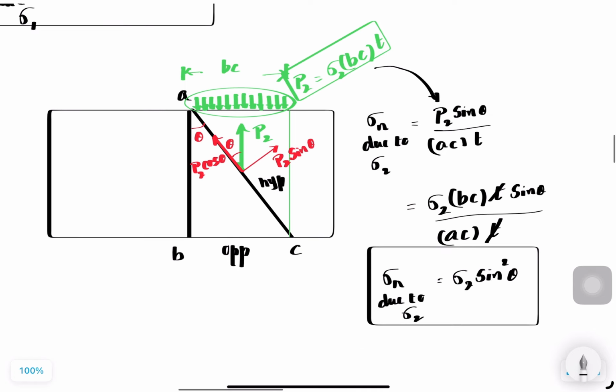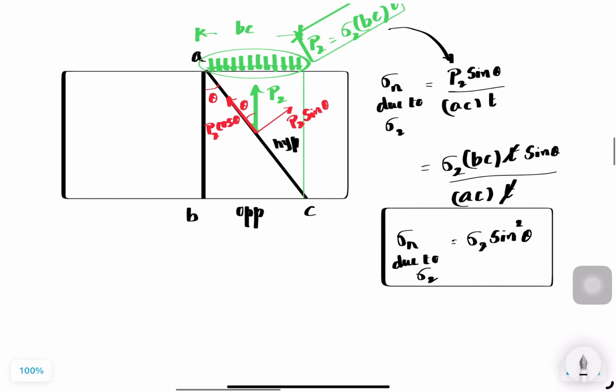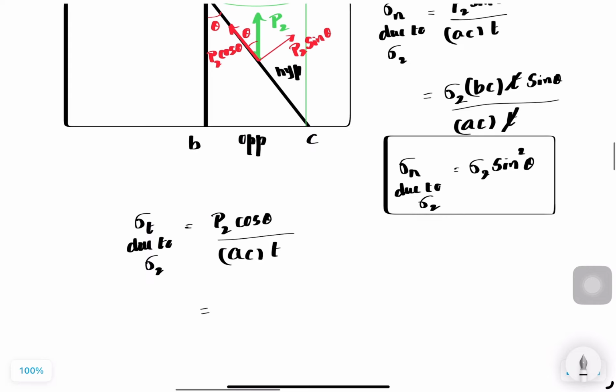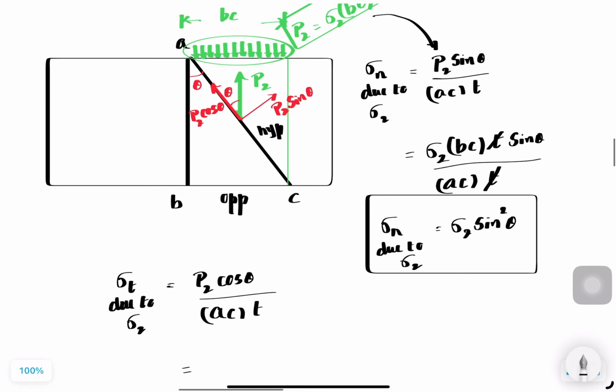Now we're going to find the expression for the tangential stress. The tangential stress due to sigma 2 is equal to the tangential load, which is P2 into cos theta, divided by the area, which is AC into thickness, the inclined area. Not the cross-sectional area, but the tangential area. I substitute the value of P2, which is sigma 2 into BC into thickness.